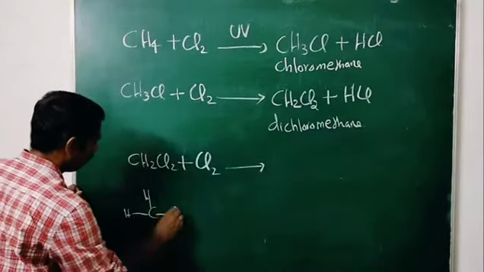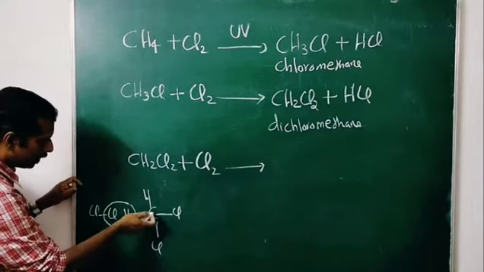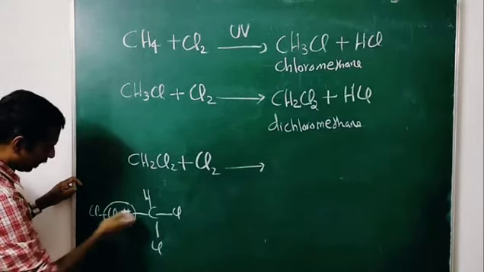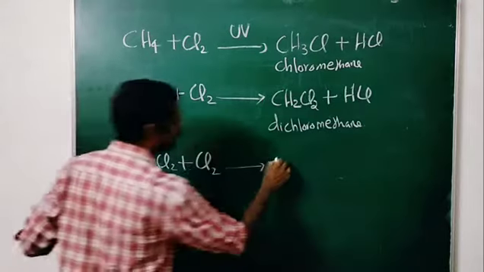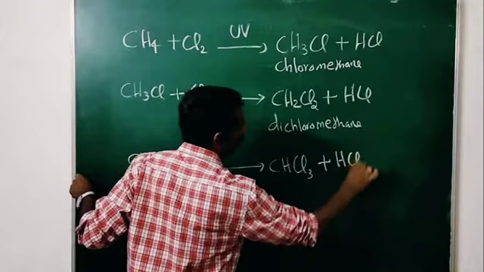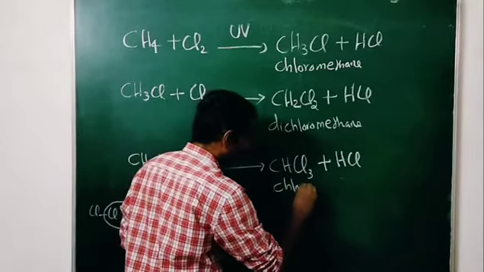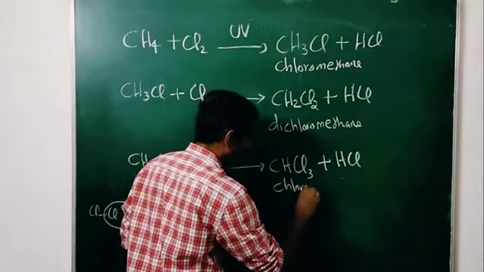HCl is eliminated, and we get CHCl3 plus HCl. This is trichloromethane, which is known as chloroform.